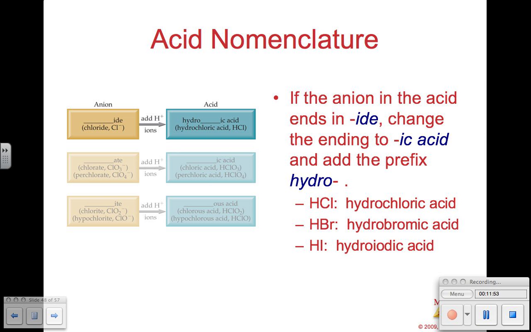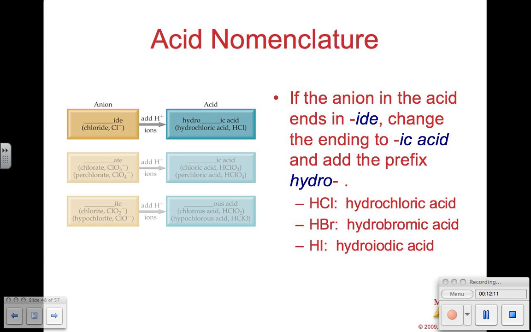There are a lot of anions that at times end up being acids as well, or they can interact as acids. So we have hydrogens added to them, which makes them acids, because acids donate hydrogens, or donate protons.